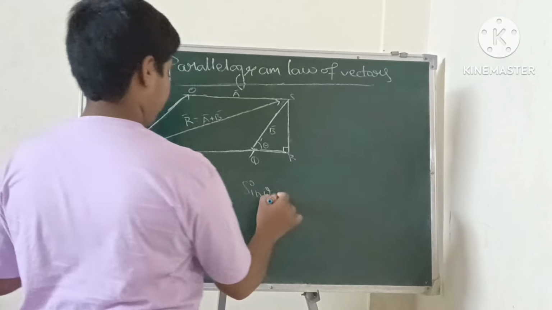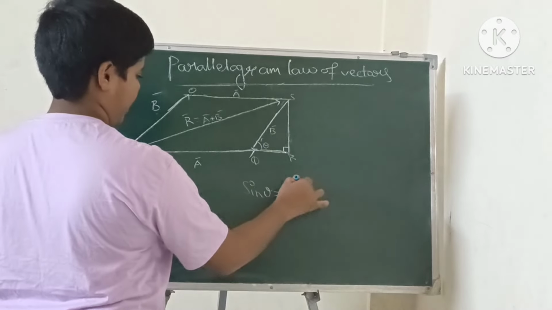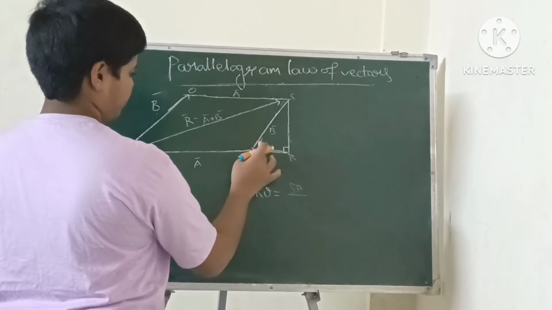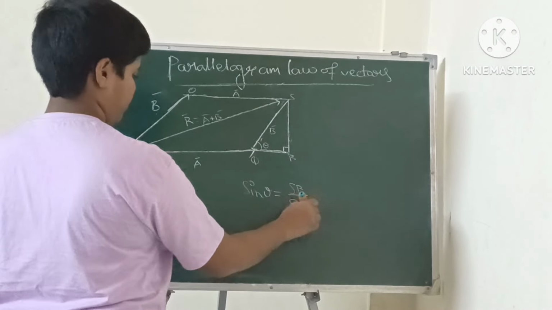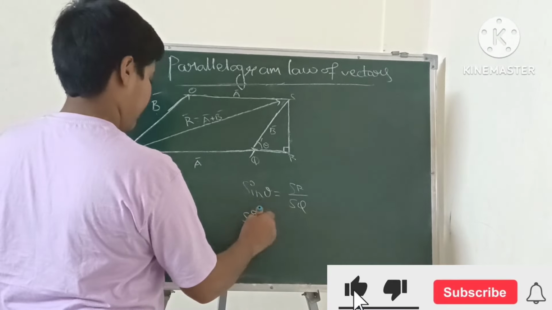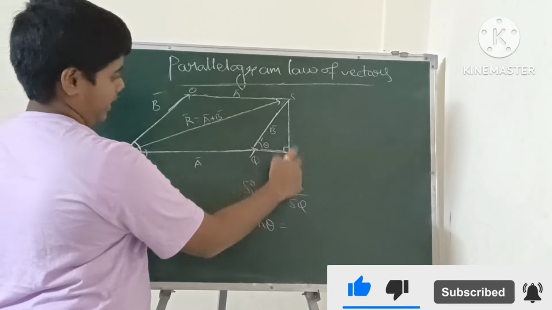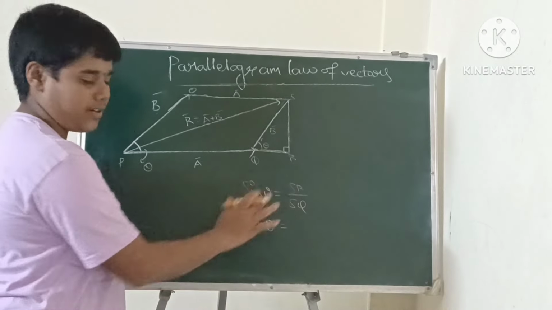So sin theta means opposite side, which means SR by SQ, the hypotenuse. Here sin theta is equal to SR by SQ, and we have to find the SR value.